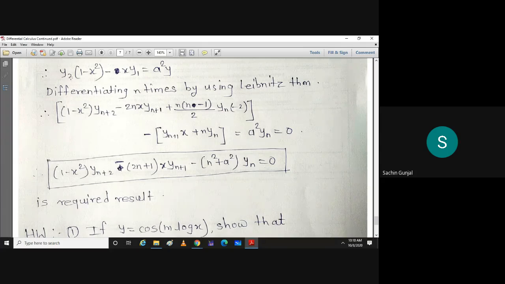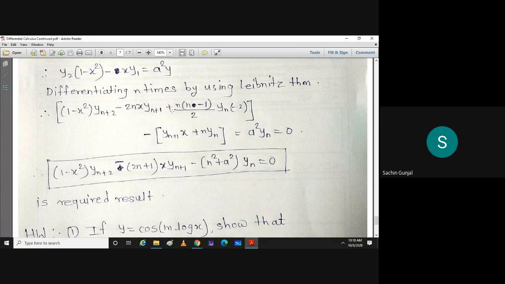So n minus 1 plus 2 becomes n plus 1, so y n plus 1 into the first derivative of v, which is minus 2x.